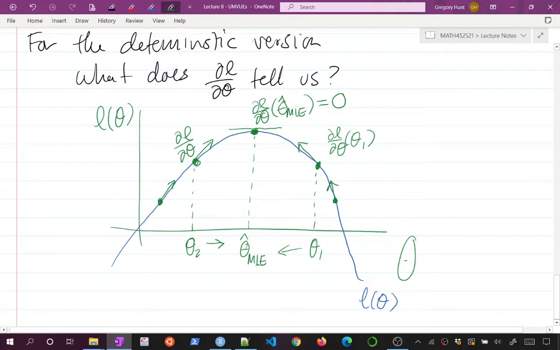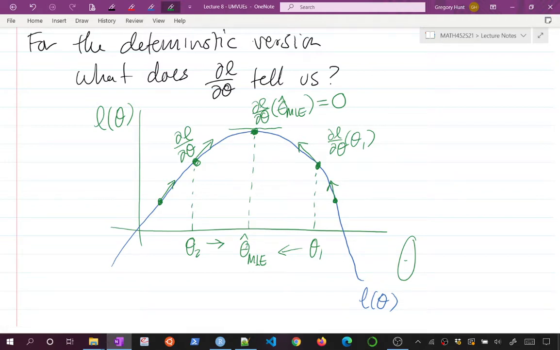When we find our MLE, we take dL/dtheta and we solve for when it gives us 0. So at the MLE, the derivative of the log likelihood is going to give us 0. And at the other points, it's going to point us towards that maximum in some way. So if we follow the gradient or follow the derivative at the points, it will push us towards it.